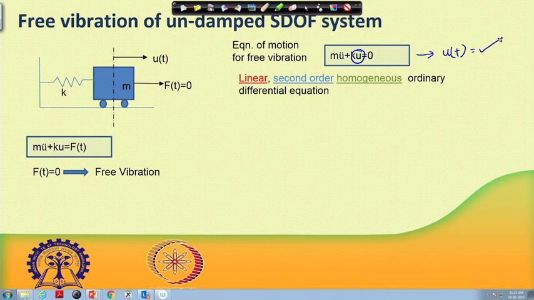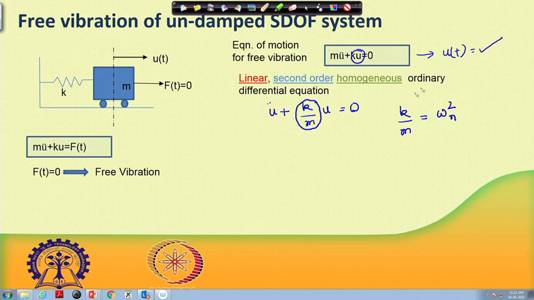Okay. So, let me rewrite the equation in the form m u double dot plus k u equals 0. Dividing by m, let me say that k by m is equal to omega n square.